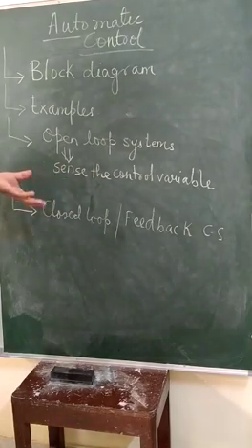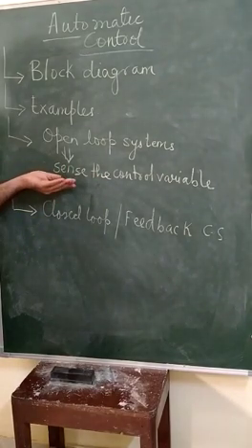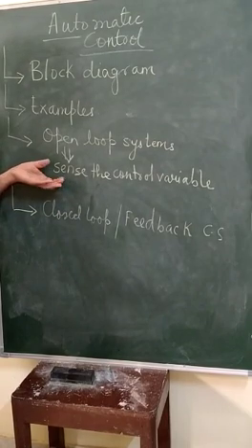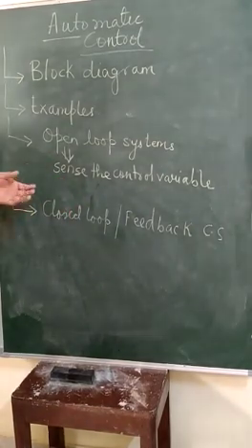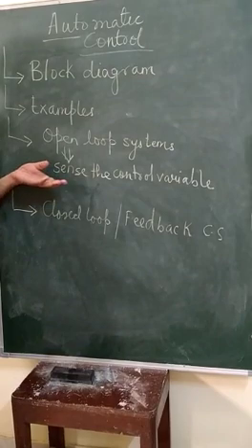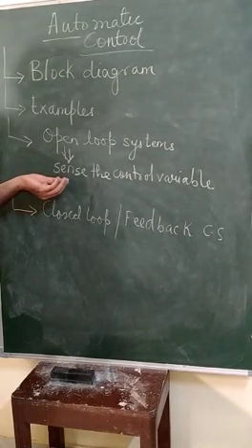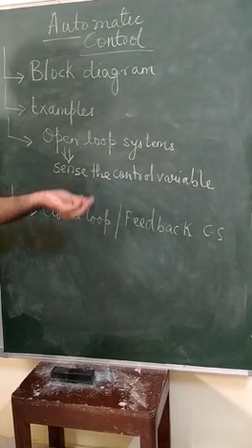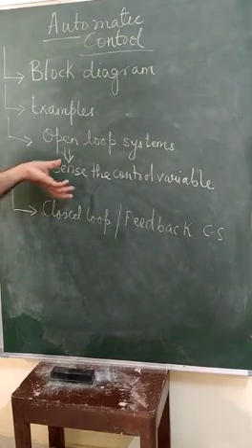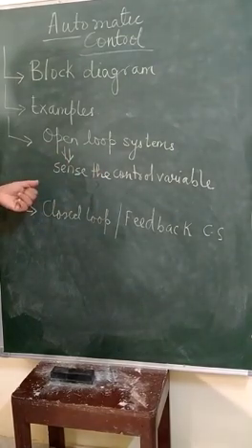For example, if you have a fan, you may say that we do set the regulator to some value. Right? You set it to some value, but let's say there is some disturbance to the system. So there will be nothing to sense that disturbance and nothing to take a corrective action based on it. There is no controller in it. Right?